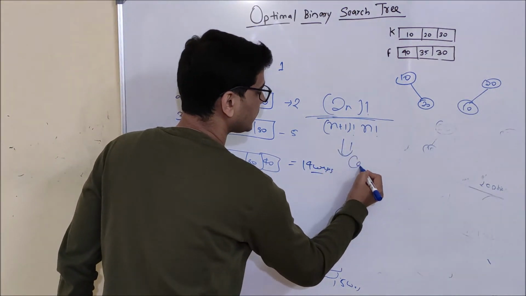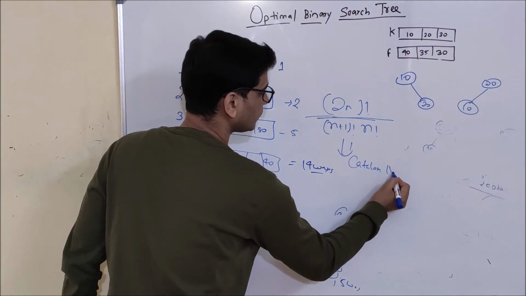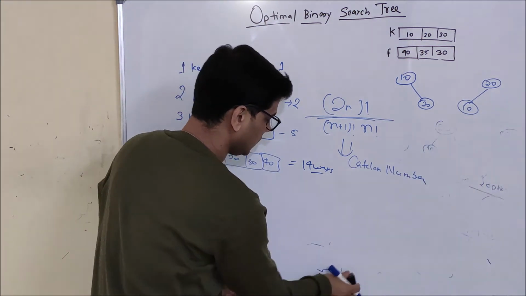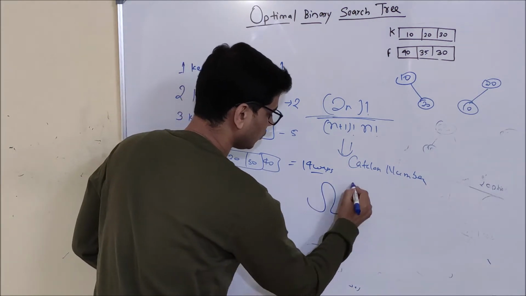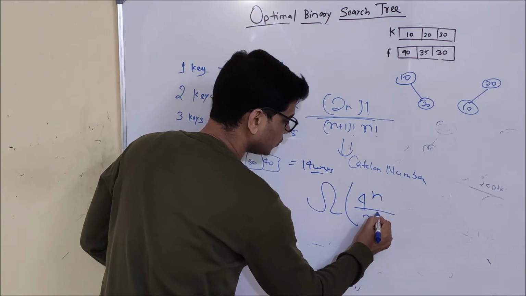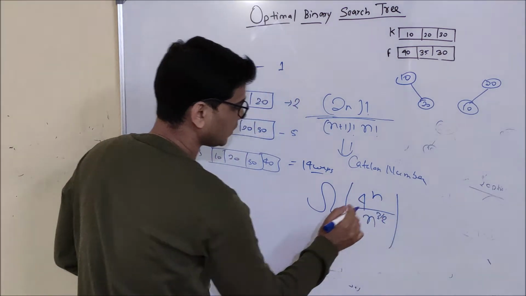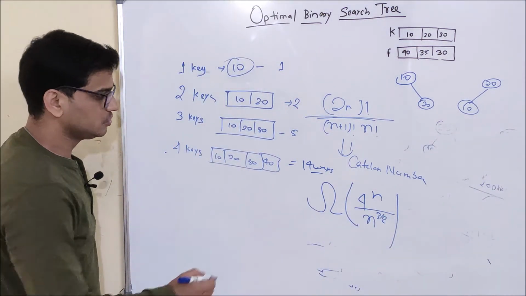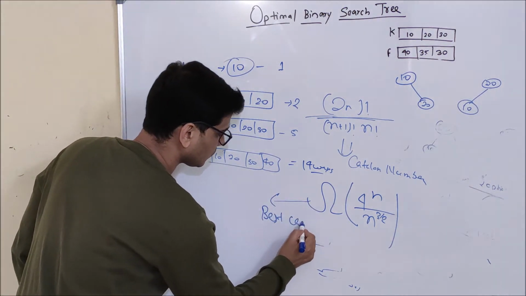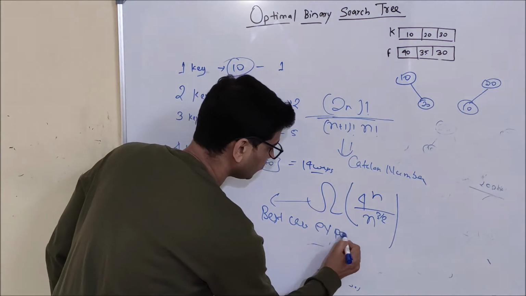This is the Catalan number. And this one grows as omega of 4 to the power n divided by n to the power 3 by 2. So even in the best case it is exponential.